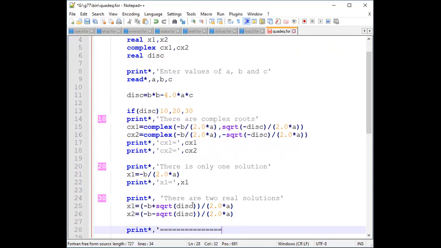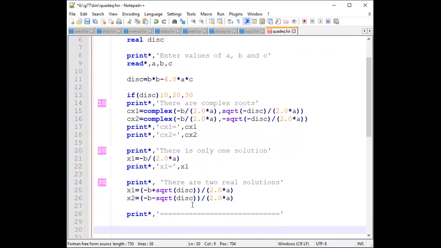At the end, I would like to write a dashed line, and here comes the program tip, right? So everything has been written correctly. We know that the programs are executed line by line. So if the program has gone here, it is at this point, then in a linear way, it will go to the next line.